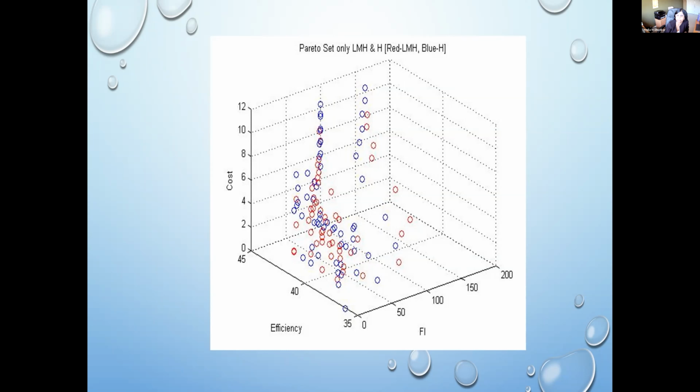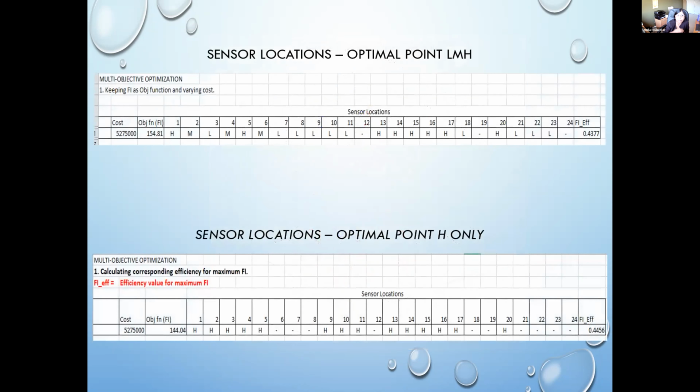The blue lines are just high cost sensors, and the red dots are combinations of low, medium, and high cost sensors. And you will see that we found some of the best solutions given here. So if you take Fi as an objective function for maximizing Fisher information, you essentially get these 2 solutions.